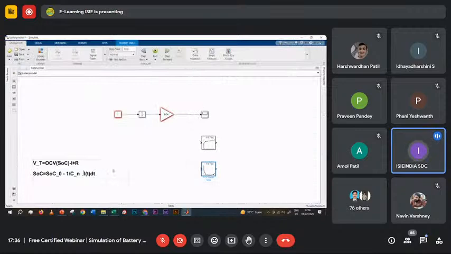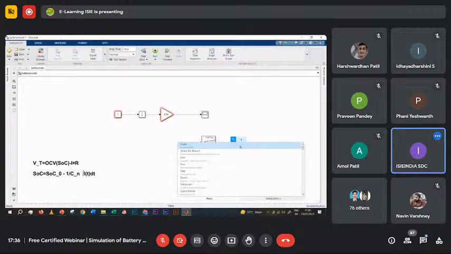Now we have taken all the data, both the data. Now we'll proceed according to the equation: VT is equal to OCV minus I into R. So we'll call for some blocks here.